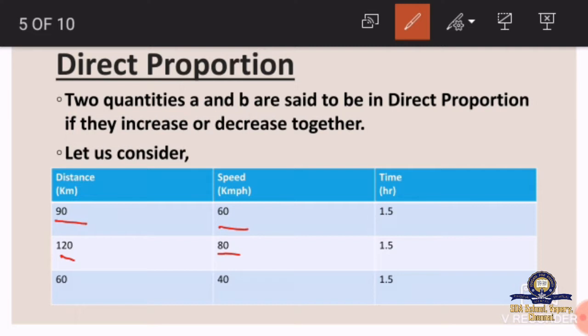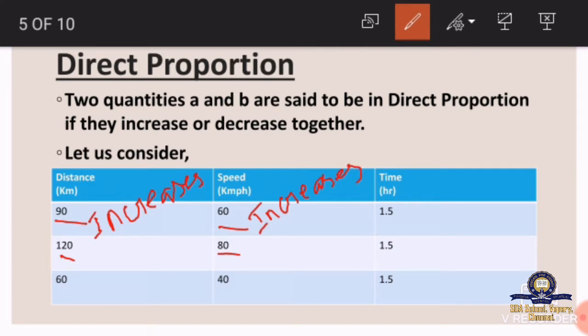So from these two rows of the table, we can see that the distance increases and the speed also increases.